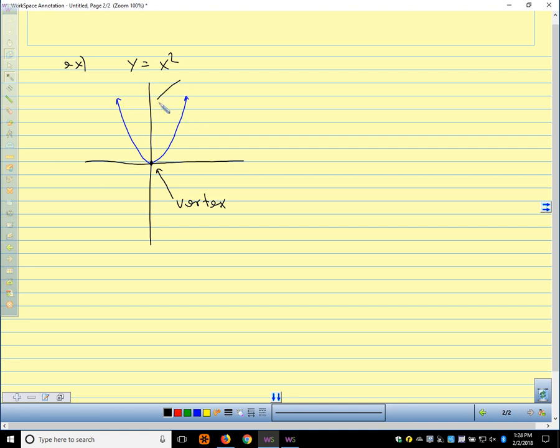On this particular graph, it is at the origin, and we call this line that goes through the vertex the axis, or the axis of symmetry. And our parabola is symmetrical about the axis.